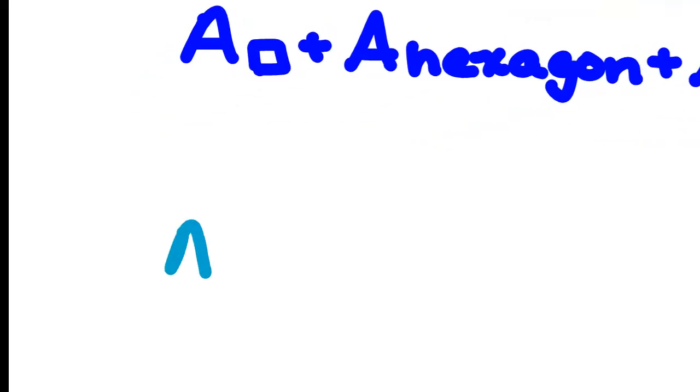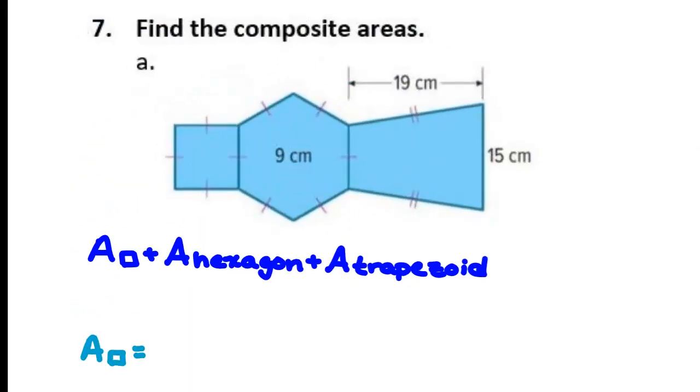So first, the area for the square. How do you find the area of a square? Length times width, but what do you know about the length and the width on a square? They're congruent, they're both the same.